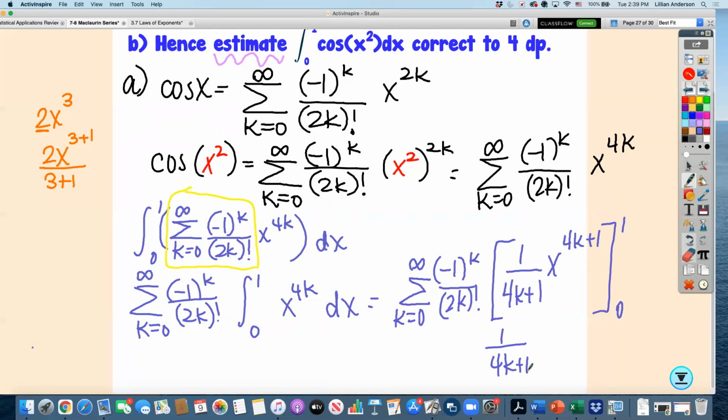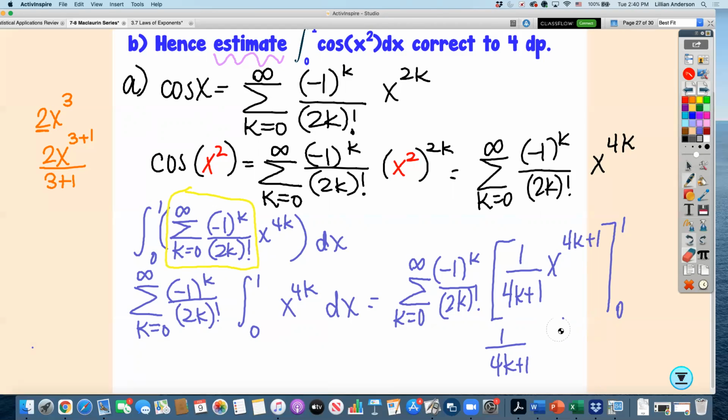What's 1 raised to anything? It's just 1. 1 raised to the 5th, 1 raised to the negative 2nd, it's just going to be 1. So essentially, this is going to go away, and I'm just left with 1 over 4k plus 1. That's going to get multiplied to my coefficient.